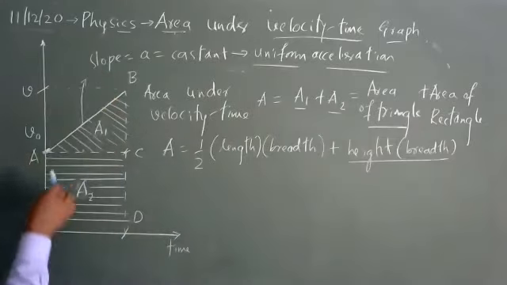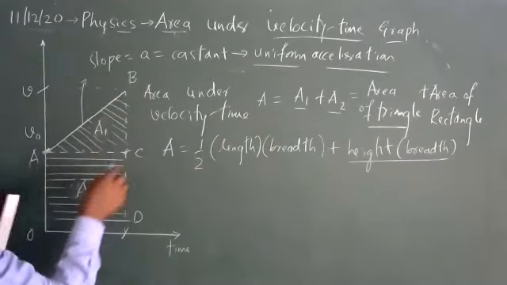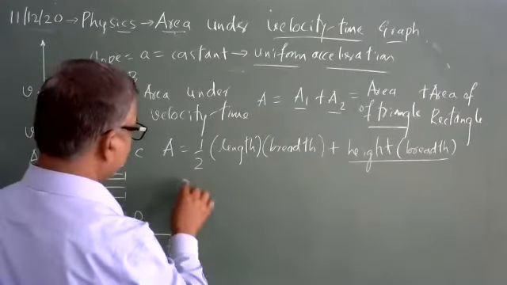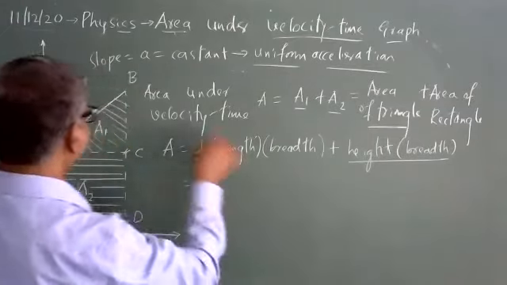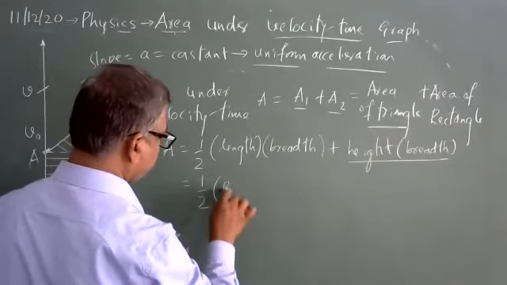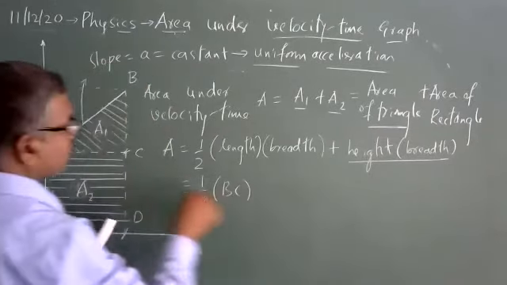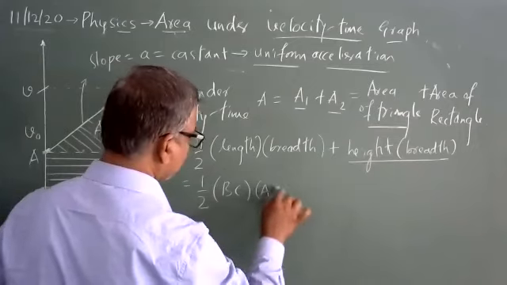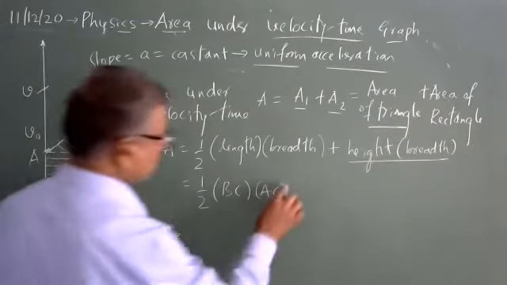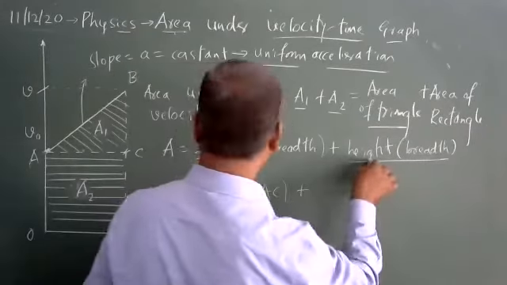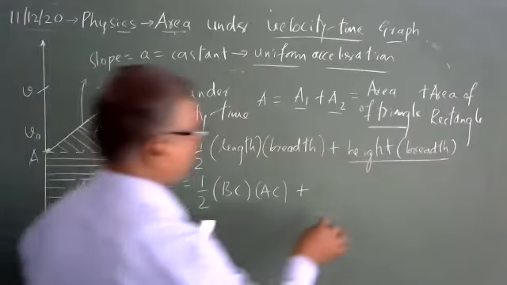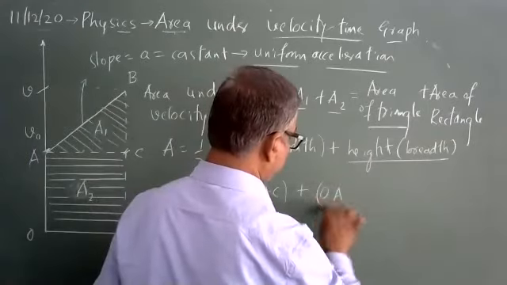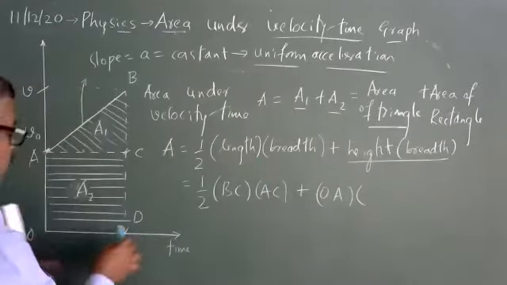Now what is this length? You can call it BC, you can call it AC. 1/2, length is BC, whereas breadth is AC, this breadth. Plus you can say height is OA, then you have breadth OD.